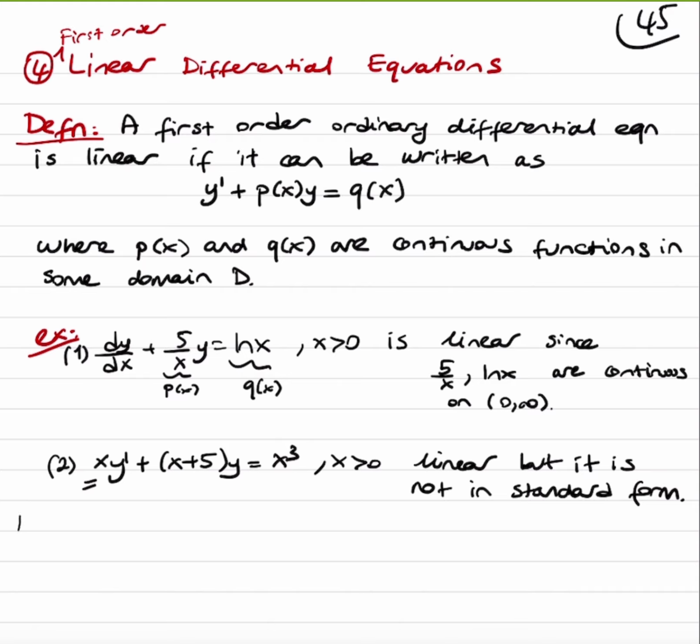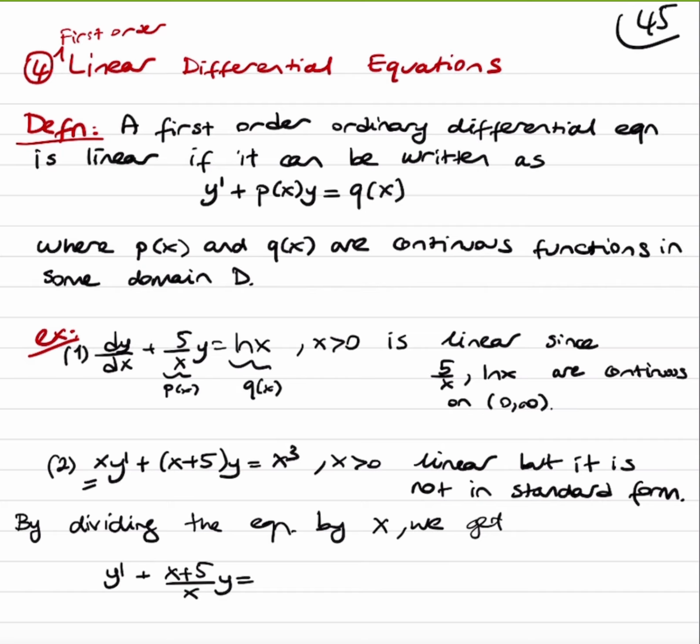Then by dividing the equation by x, we get y prime plus 5 over x y is equal to x cubed over x, which is x squared. So we can divide by x because x is not equal to 0.